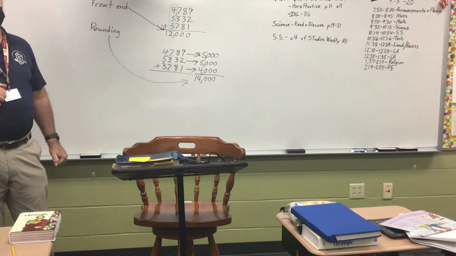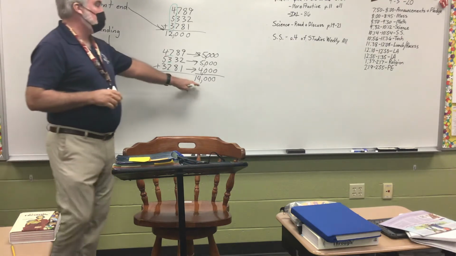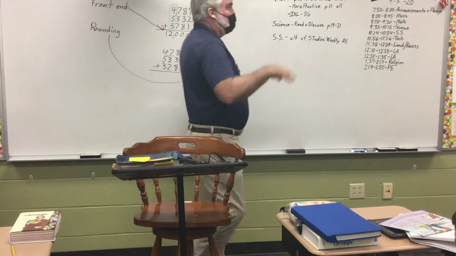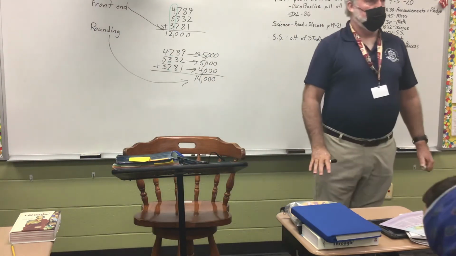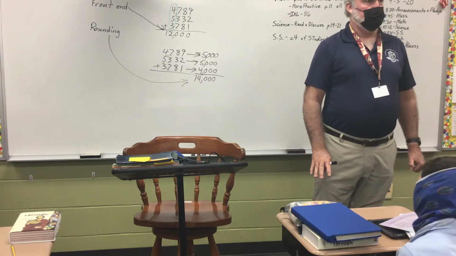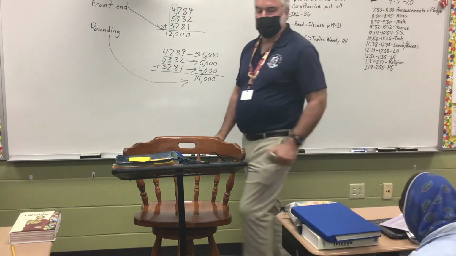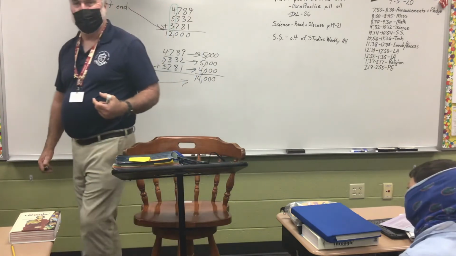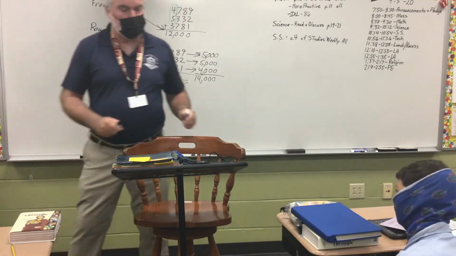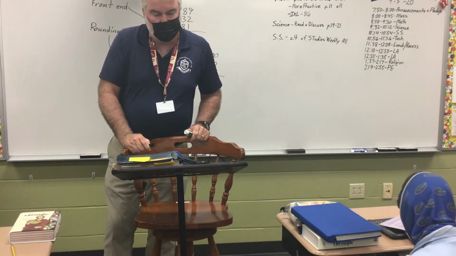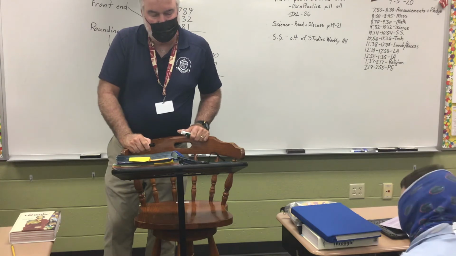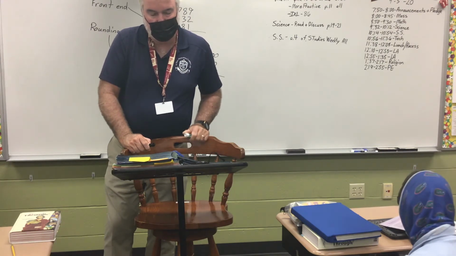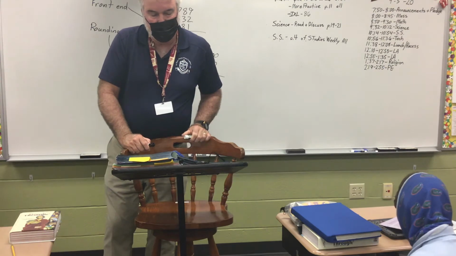So that means that this is probably an overestimate and this one is probably an underestimate. But the front end is usually one of the easier ones to do because all that you're looking at is that front number. And that's it.